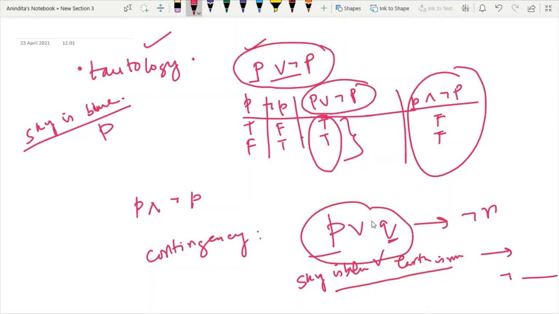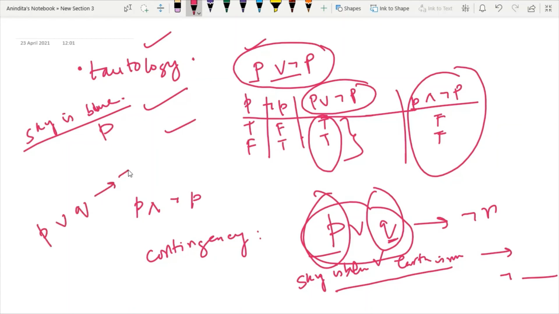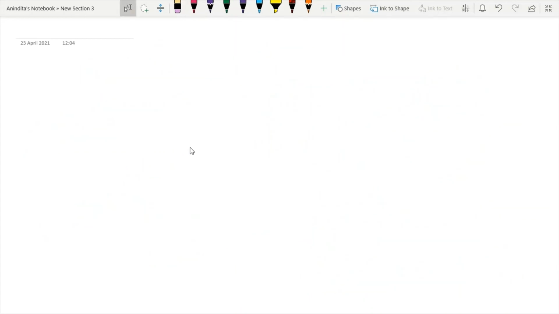No, because there is nothing to derive, because we are dealing with two different kinds of statements. So contingency is a proposition that is neither a tautology nor a contradiction, just an expression. And the general form of this expression is like this. So this is a contingency expression.